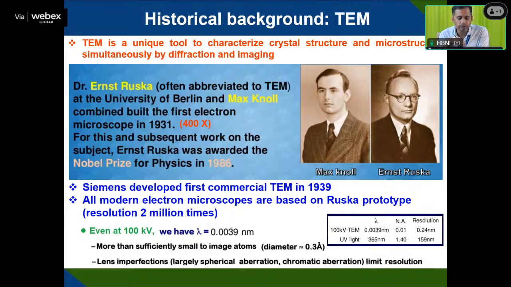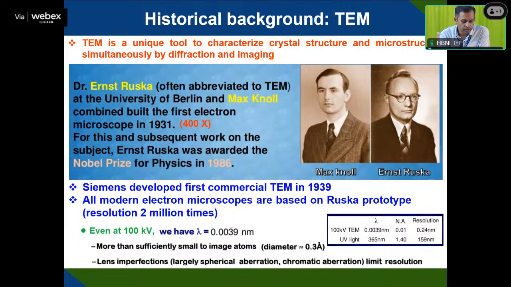But here, both imaging and diffraction are possible. It was first discovered by Knoll and Ruska in 1931, with only about 400x magnification.